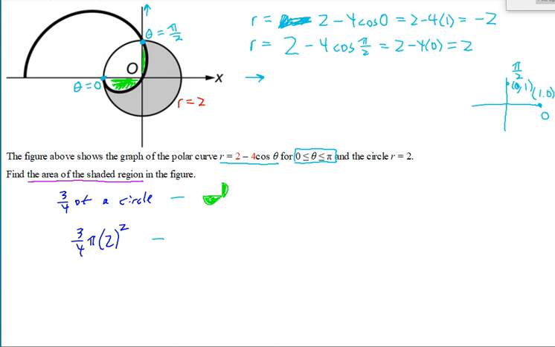So to get the area of that region, it'd be 1/2. Now we know where that part of the curve starts and stops, from 0 to pi over 2.